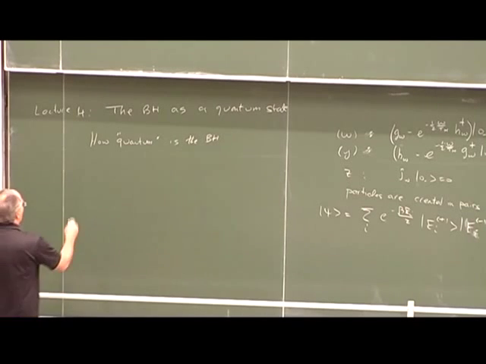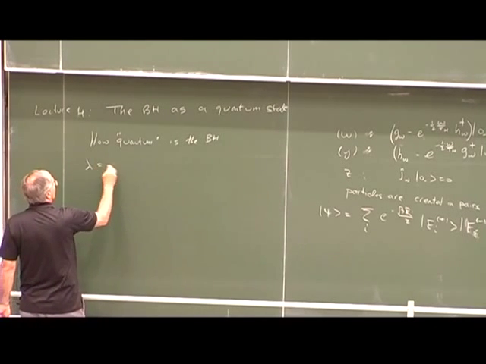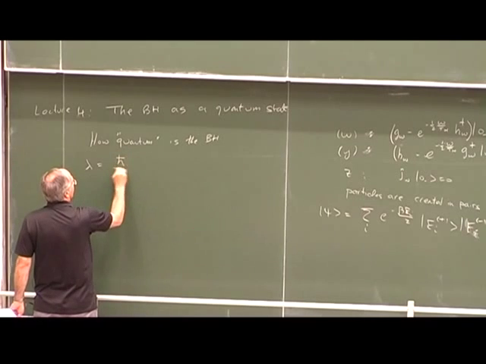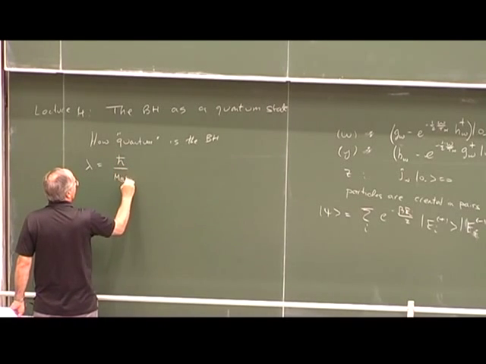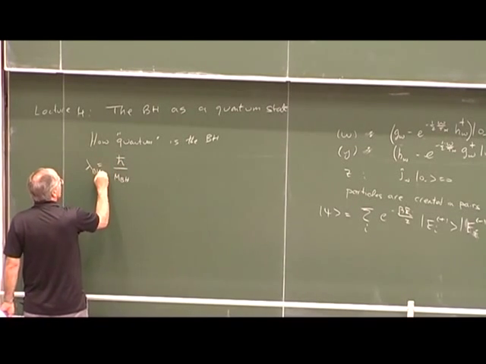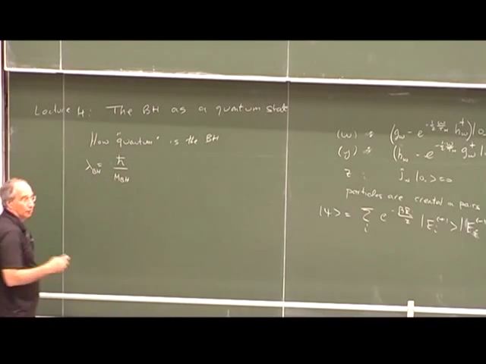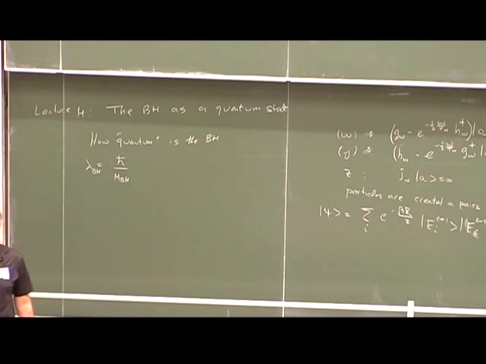We look at their quantum wavelengths. Of course, this number is extremely small for a macroscopic black hole. But nevertheless, it's non-vanishing, some small number.